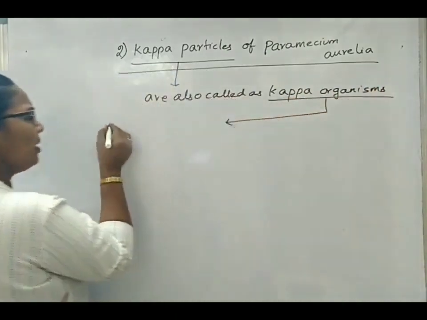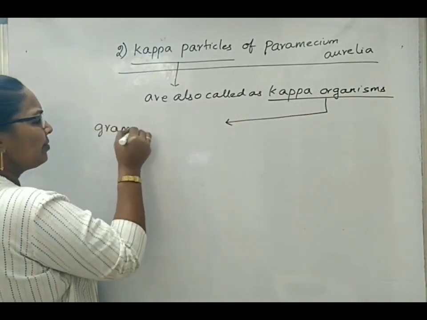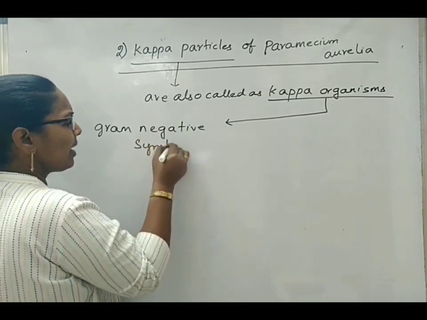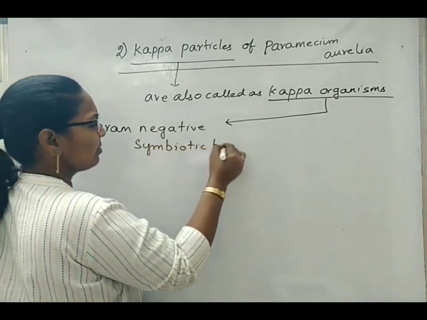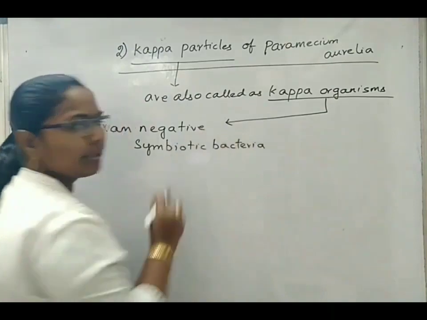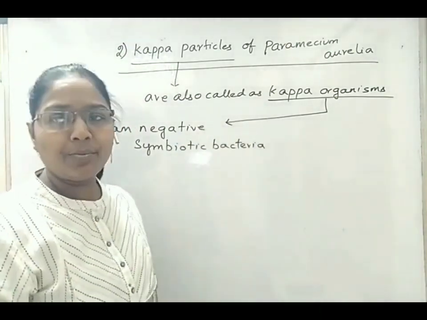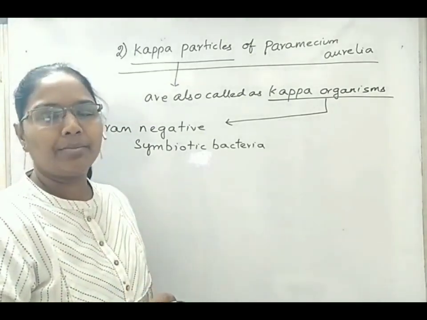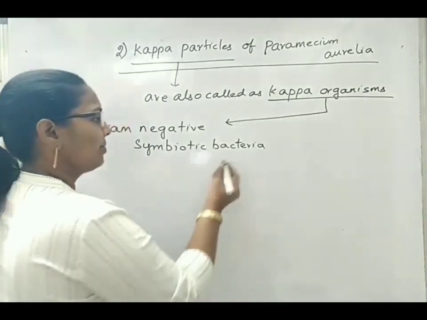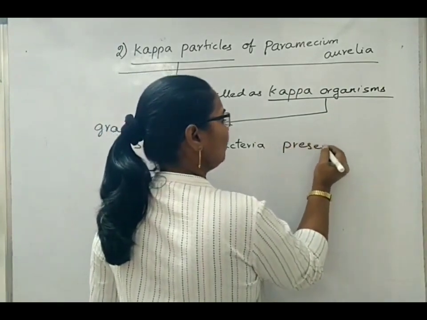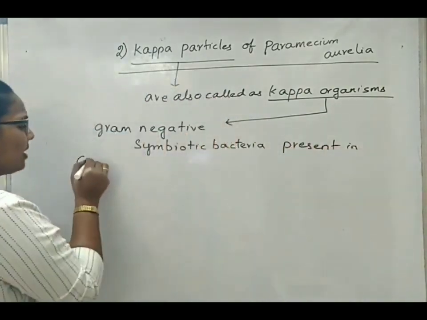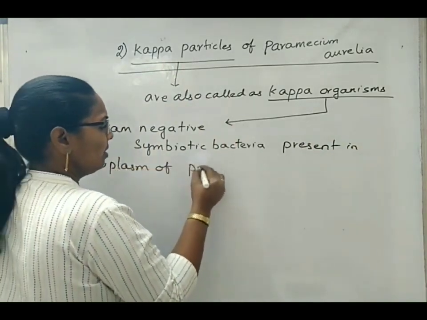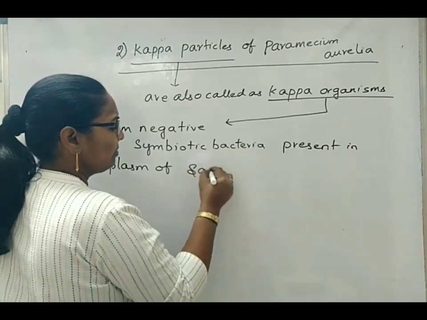These are considered to be gram-negative symbiotic bacteria that are present only in the cytoplasm of some strains of Paramecium. We call such Paramecium killer strains, present in the cytoplasm of some Paramecium aurelia.